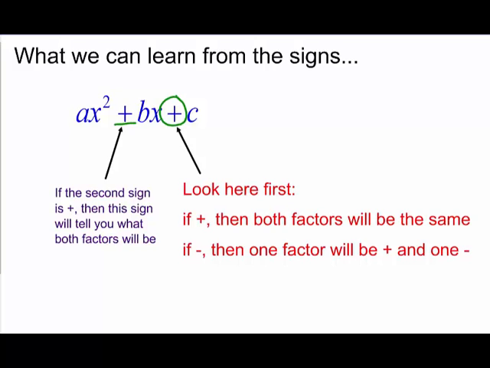So in this case, the plus sign in the back tells me both signs would be the same. This plus sign tells me they would both be plus. If the second sign is minus, then we know that there will be a plus and a minus in your factored form. So let's look at exactly what I mean by that.